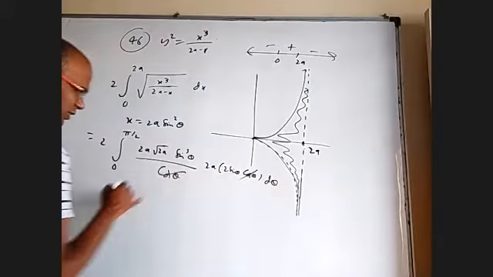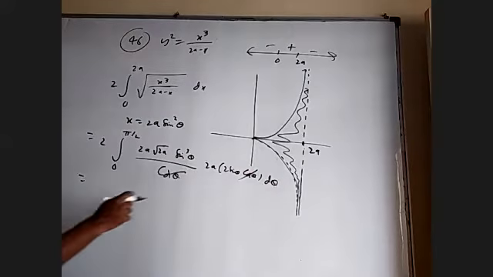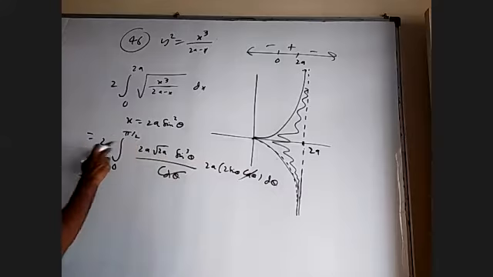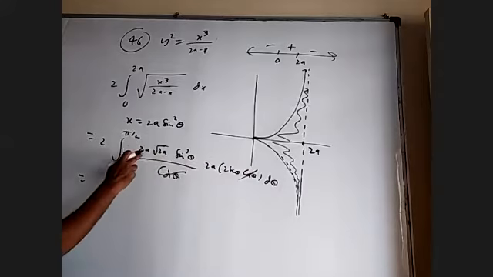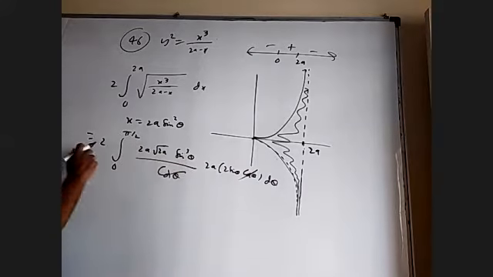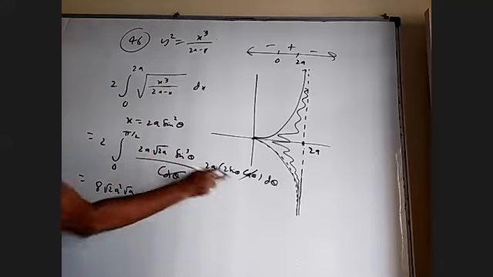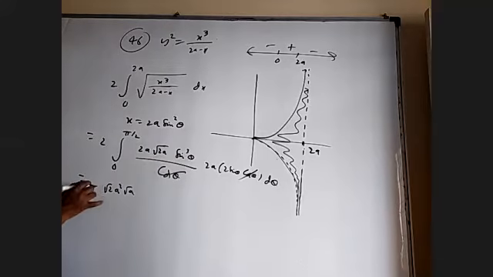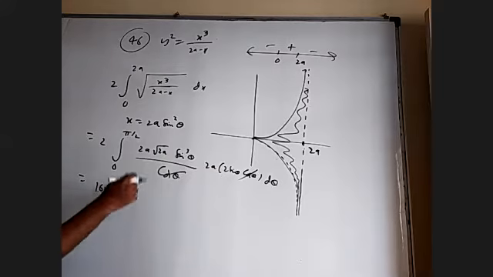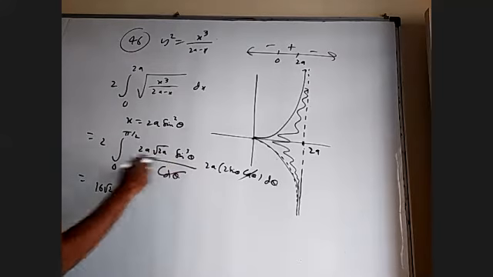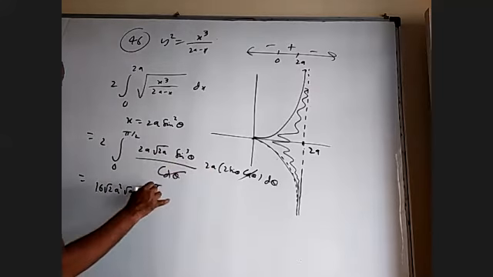One cos theta will cancel. We have a lot of things here. 2 is there, 2a, root 2a, and 2a. So 4, 8 root 2a square root a, 16. So 16 root 2 a square root a, sine power 4 theta d theta from 0 to pi by 2.